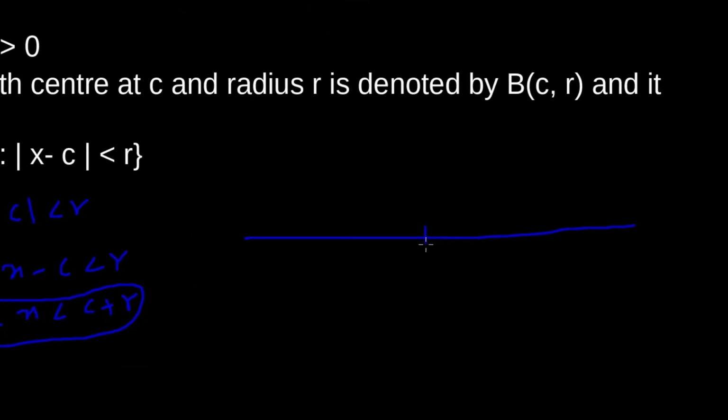Suppose this is C, here we have C minus R, and there we have C plus R. So this ball with center C and radius R denotes all the real numbers between C minus R and C plus R. All these real numbers between C minus R and C plus R represent the open ball with center C and radius R.